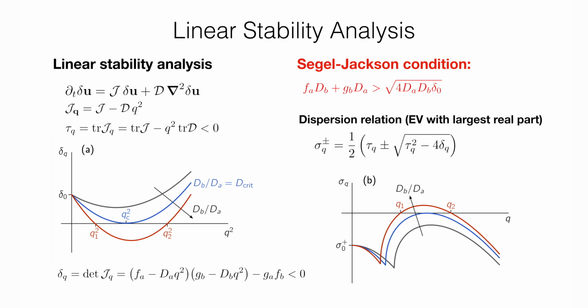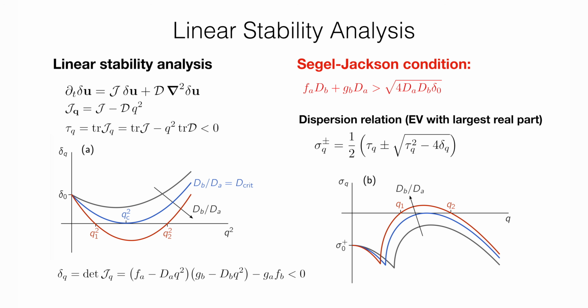In that case, you have the system becoming unstable when it's negative, and you have a band of unstable modes. The condition for this band of unstable modes was given by Segel and Jackson some time ago, and it's this relation.